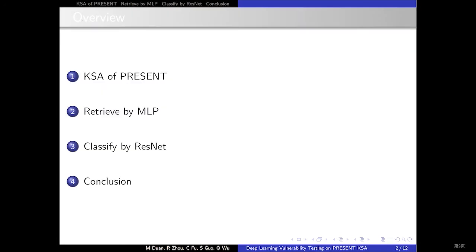The outline of my talk is as follows. First, I will briefly introduce the key schedule algorithm of PRESENT, which is the main object we focus on in this paper. Next, I will introduce the main task we do. Our goal is to retrieve the whole 80-bit master key from the last round key of the KSA of PRESENT.